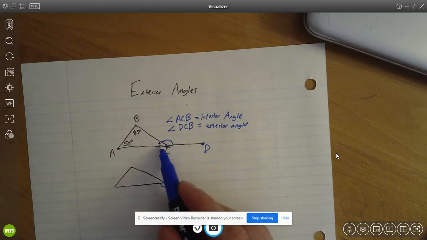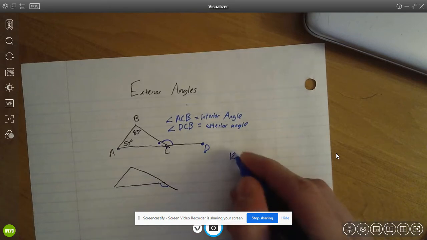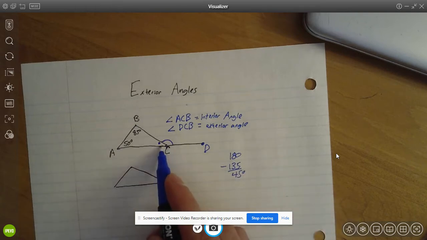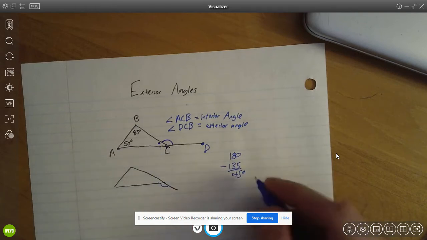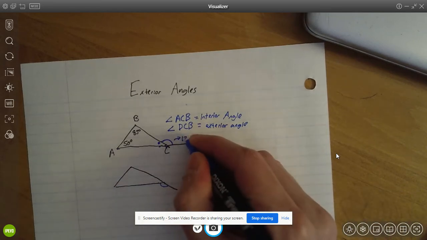The interior is whatever is left over from 180, and the exterior is just 180 minus the interior. If I add 50 plus 85, that is 135. 180 take away 135 is 45. So that's my interior angle. Then I would do 180 minus that to find this exterior angle, so that would be 135 degrees.